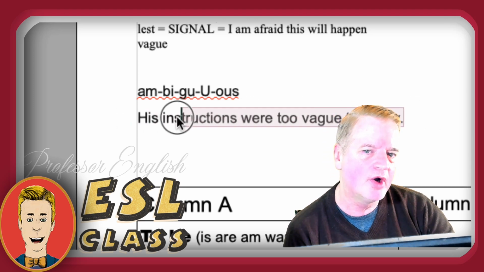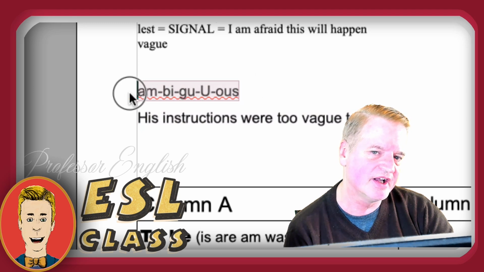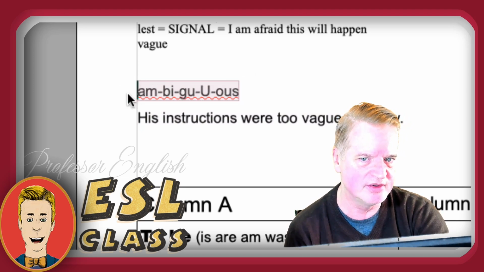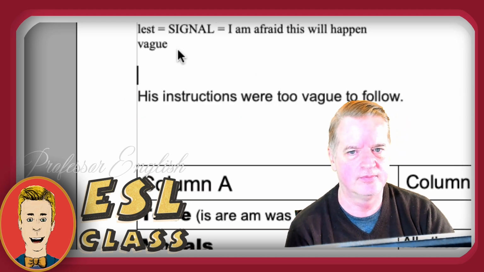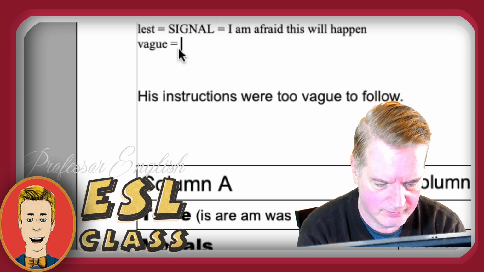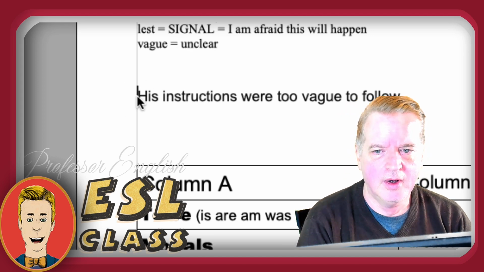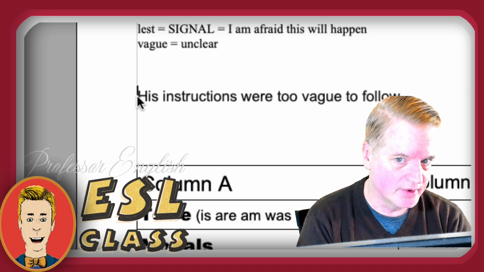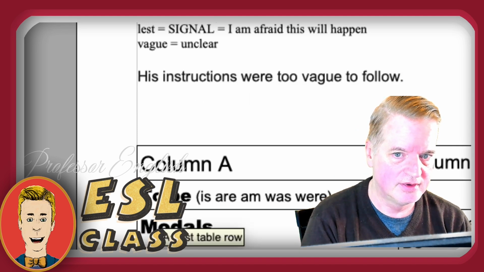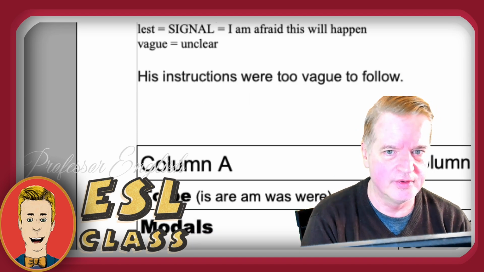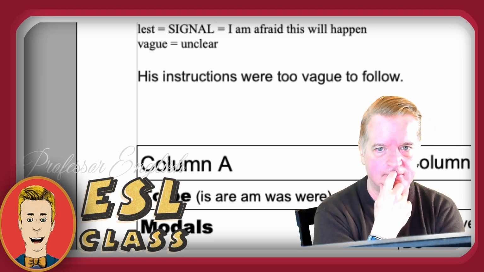Okay, Mohammed, can you read this sentence that I have written under the word ambiguous? After vague is what? Can you see the sentence? Now I can see. Okay. Can you read it?